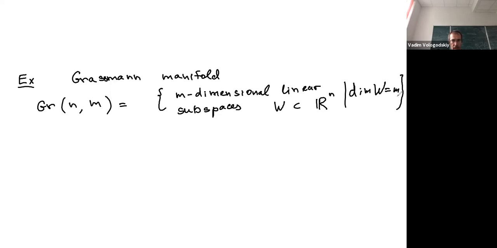For example, if m is equal to 1, this is the set of all lines in Rn. So it's also called the projective space.